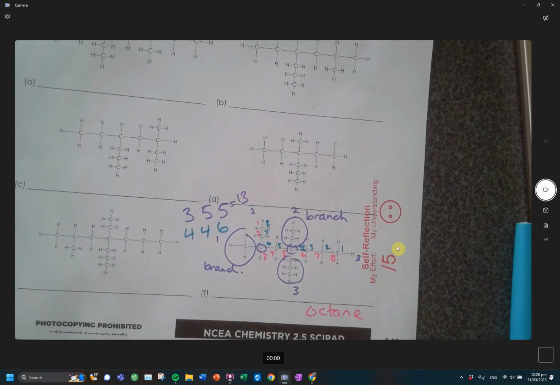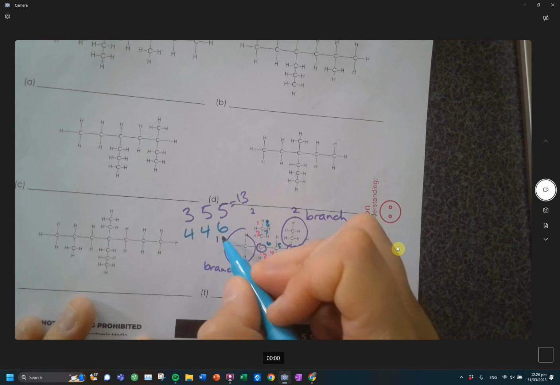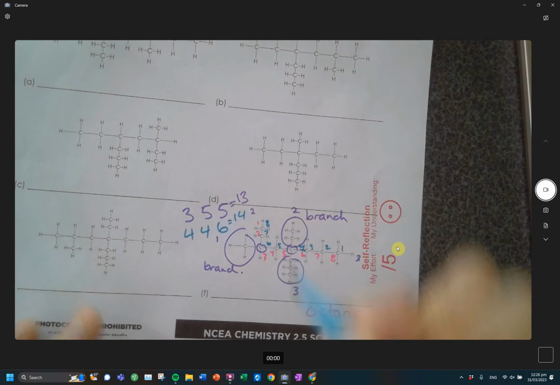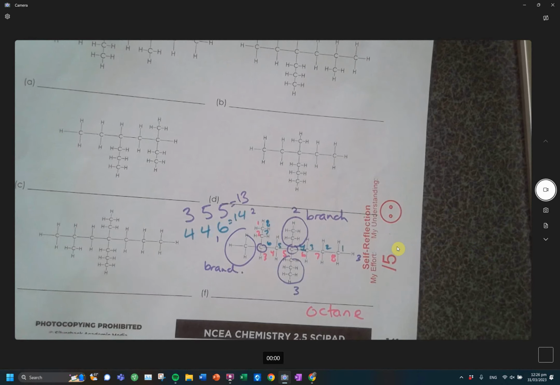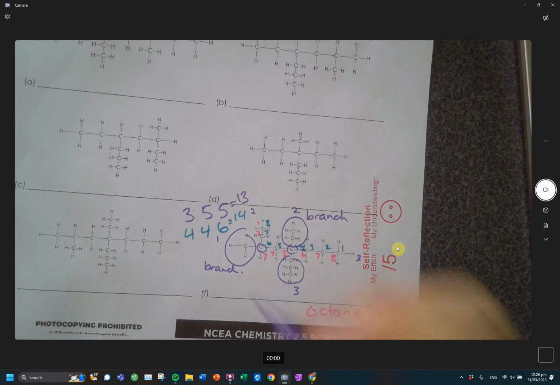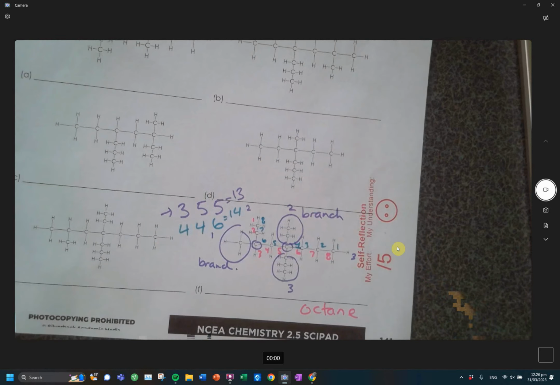And if I do 4, 4 and 6, that's 14. So which one gives me the lowest possible combination? 13. So I want to use the purple route.